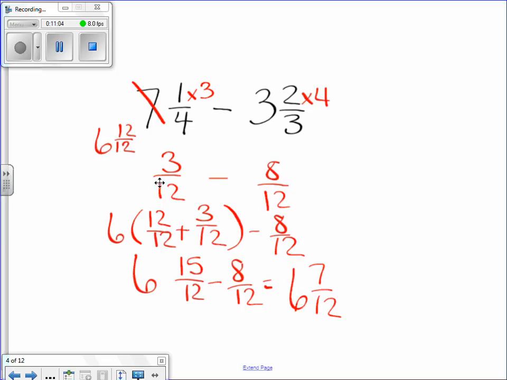Oh, wait, I forgot about my 3. Sorry, I forgot about my 3 that was there. So I have my 6. Well, see, I wrote this here, and I didn't write the other one there. So 6 minus 3 is 3.